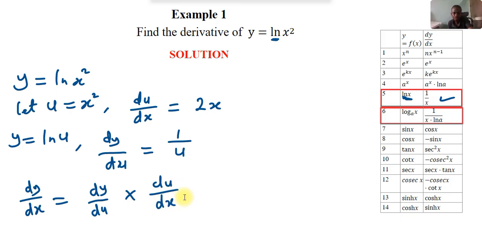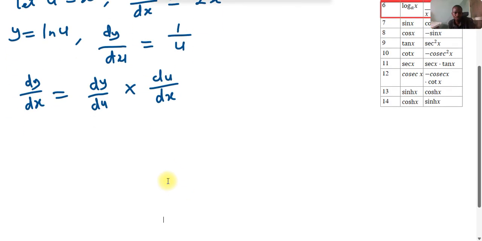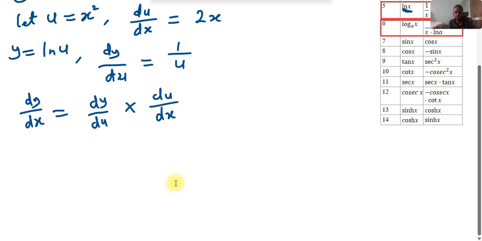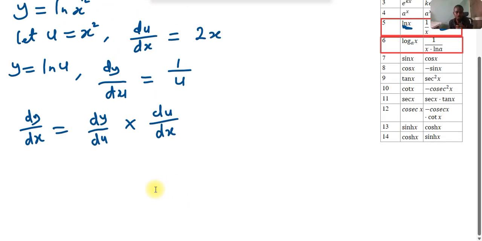We substitute our values because we have previously obtained du/dx and dy/du. So dy/du is 1 over u, multiplied by du/dx, which is 2x.